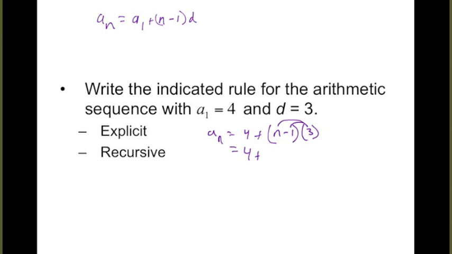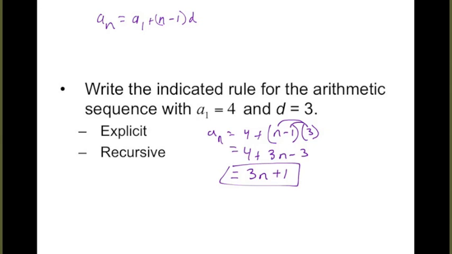So distribute and combine like terms. So then I could find any term down the line with that explicit rule. So an explicit rule has an n in it, so we can plug in whatever number we want for n. That's a review. That's what we learned back in 11.2.